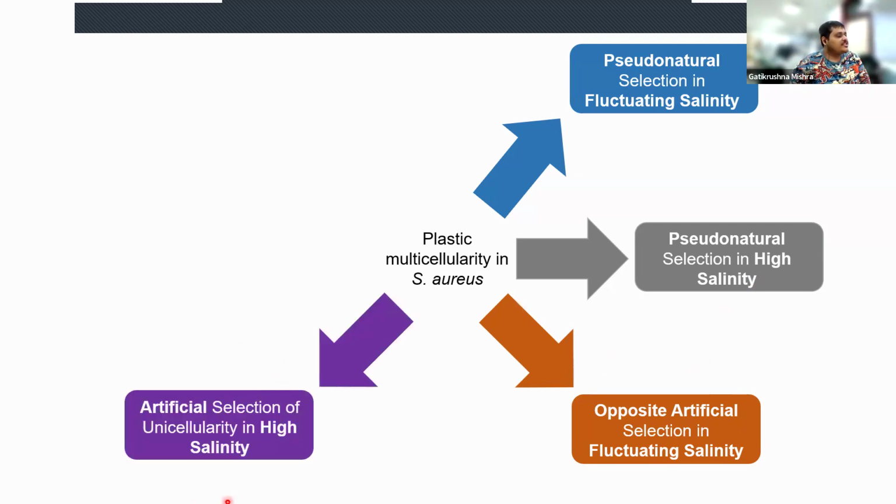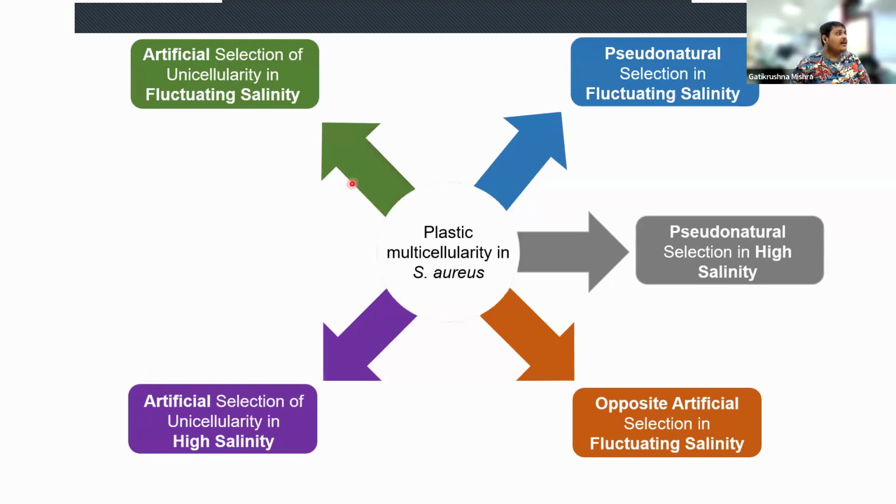And the regime which I personally wanted to do very enthusiastically is selecting for unicellularity while inducing a high saline environment. Like the bacteria will get a signal to make the multicellular clusters because it is in high salinity, but I will select in the opposite direction.